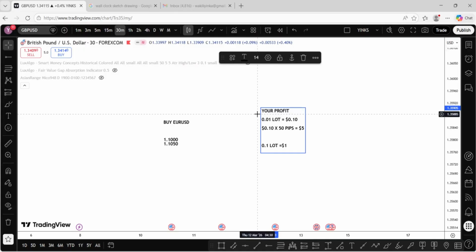What you're going to do is simple. The $1 that price is going to give you per pip times the 50 pips in your favor. How much is this? $50.